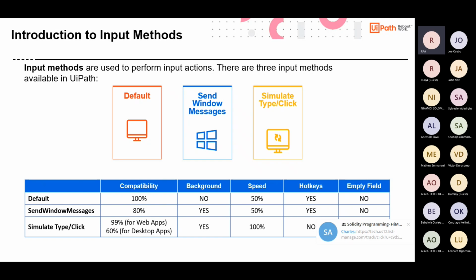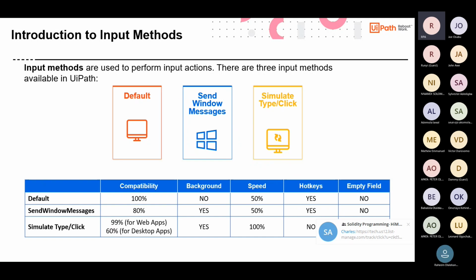Speed: default has 50% speed. The simulate is the fastest, because it's working directly with the code of your application. It's interfacing with the program of your application directly, so it makes it so fast.